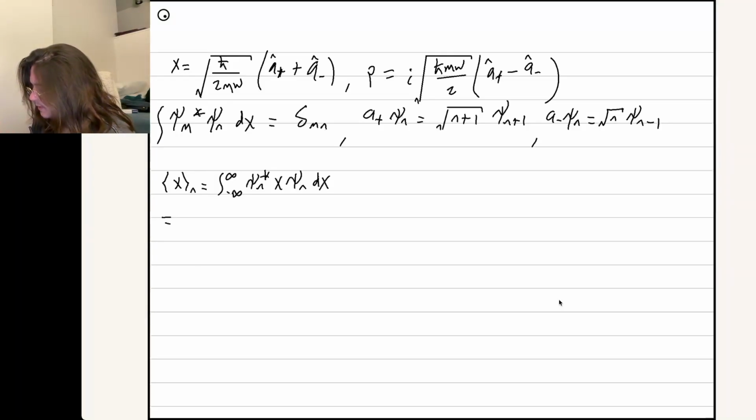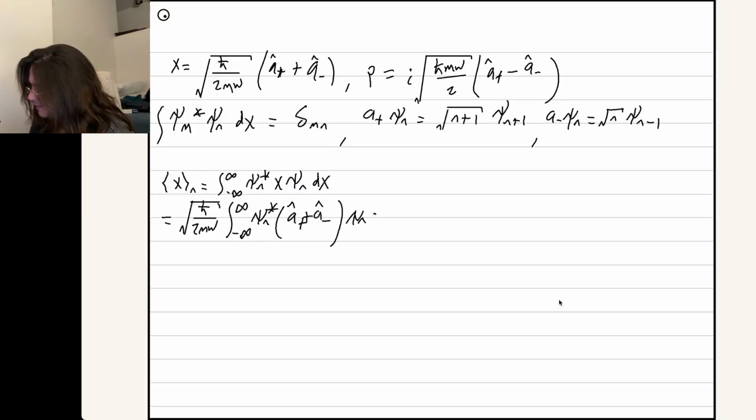So here we have, with the prefactor of h bar over 2m omega, inserting the ladder operators instead of the position operator, a plus plus a minus acting on psi n, right?